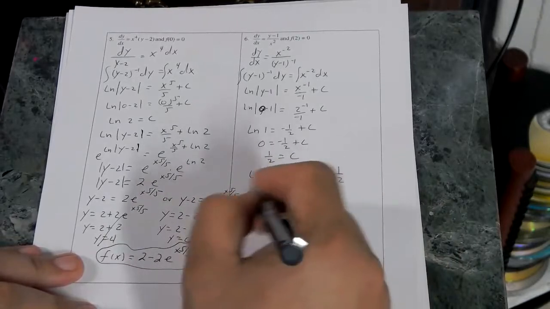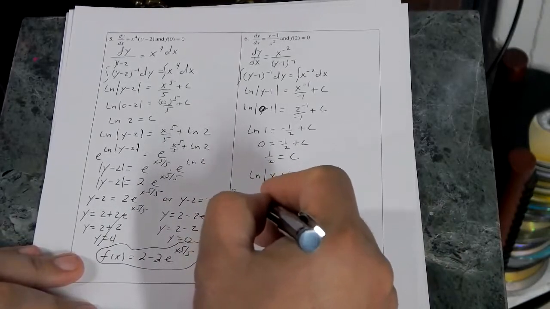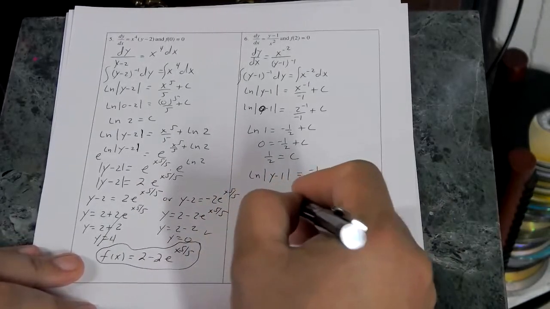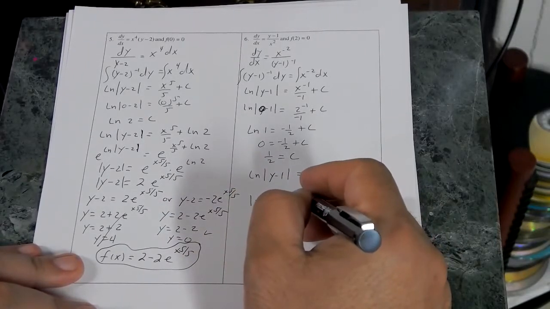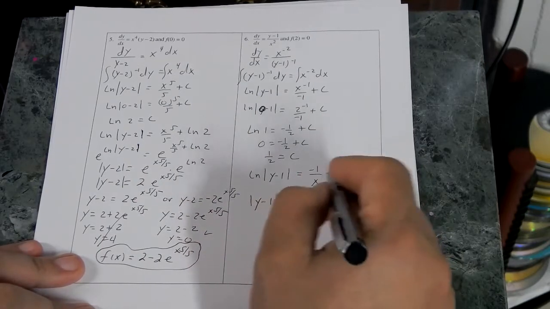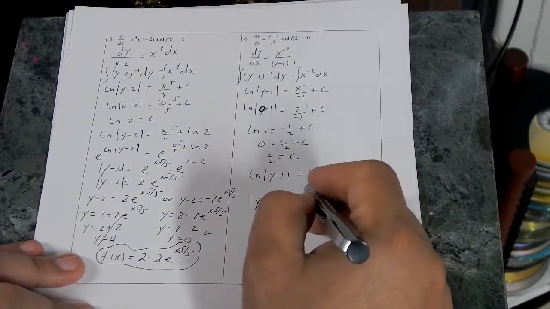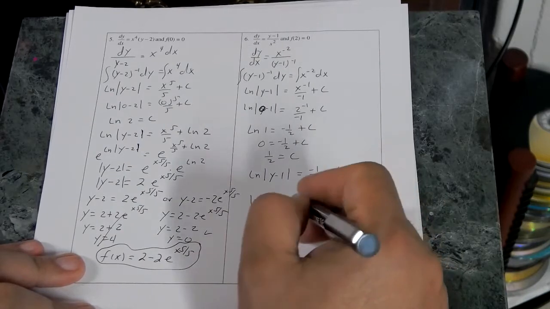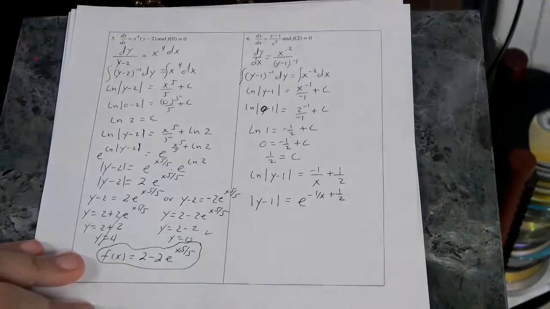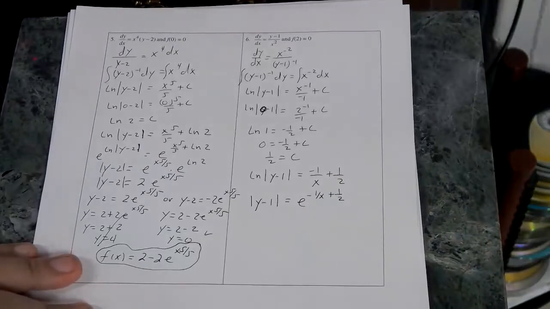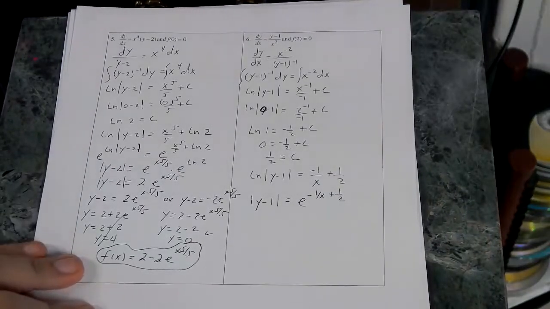So e to these powers, you end up with the absolute value of y minus 1 equaling to, well, if I break it apart, e, you know what, let's just do it this way. Make it simple on you. Because there's no natural log, you don't have to break it apart if you don't want to.